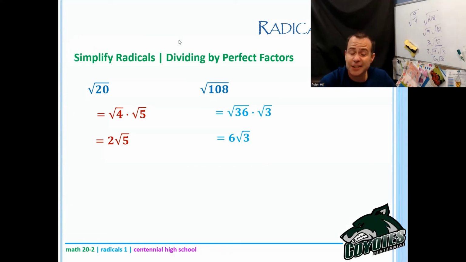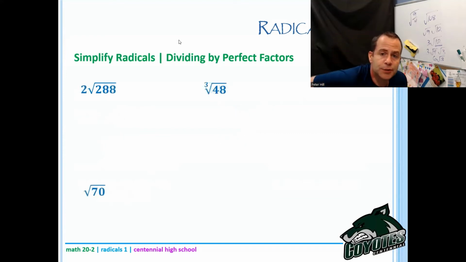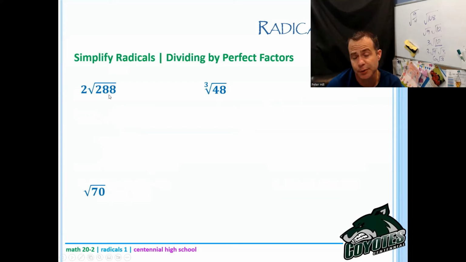So even if it takes you another step, sometimes that's the easier road to do it because you're not dealing with numbers that are so big. Okay, so whatever makes sense for you, do that. Okay, 2 times root 288. I see the 288 as 144 times 2 right away, which I happen to know the root of 144 is 12. But again, if you didn't see that, that's totally okay.